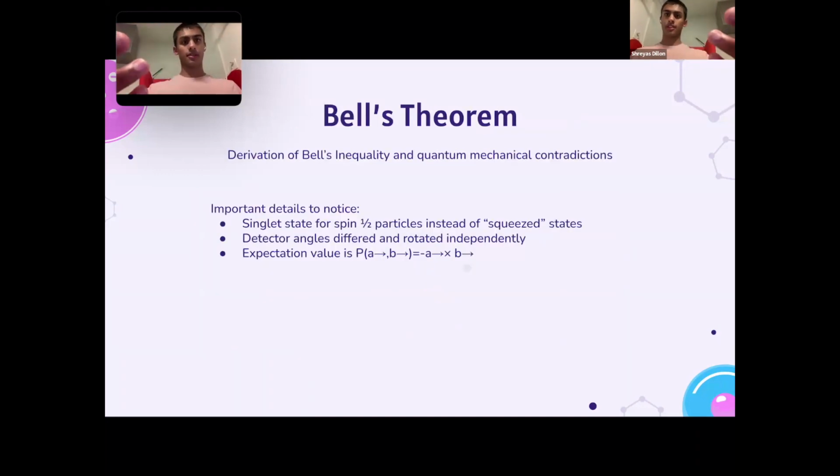Now for Bell's theorem. The important details that make these two differ slightly: instead of doing what the EPR group did, which I didn't mention before, they utilized squeeze states. In quantum mechanics, as I mentioned before, there's that indeterminacy, and there's also an uncertainty attached.